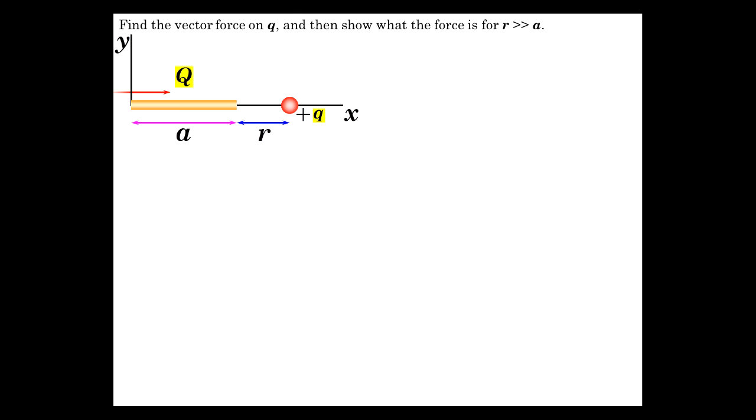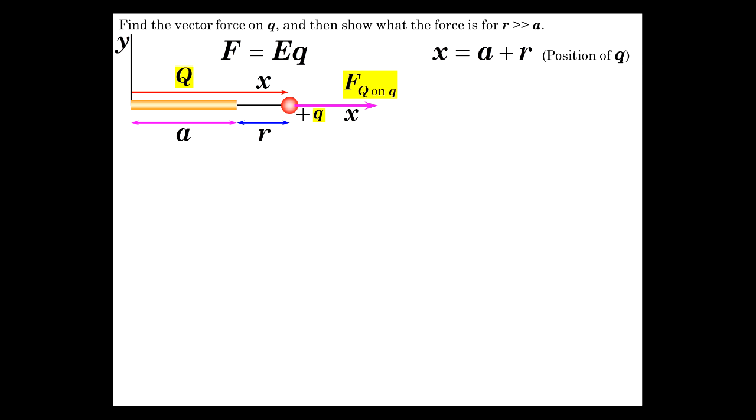Now let's solve for the force on Q and what that force becomes when the parameter r becomes very large compared to a. So here's the force on Q. It's to the right. Q is a positive charge. And force is equal to E field times Q. We've already worked on the E field though, so we know what that is. We're going to make a little transformation here. This x is a plus r.